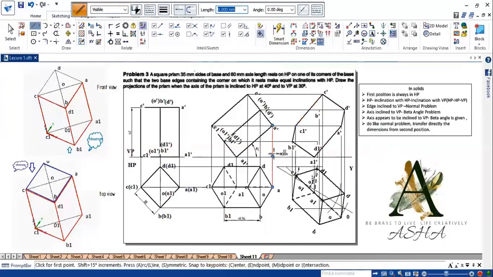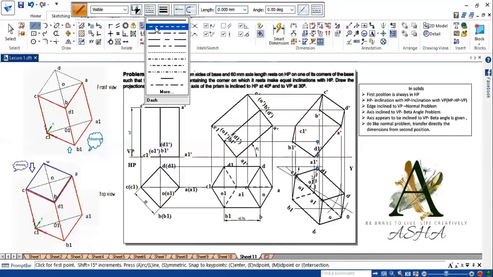Then second, I am writing for the front view. Viewer will be at the bottom. Bottom surface near to observer is ABCD. So make that ABCD visible. A dash, B dash, C dash, and D dash. After doing that, one of the points is not connected to any other points. That is the point D. Line connecting from that will be hidden.